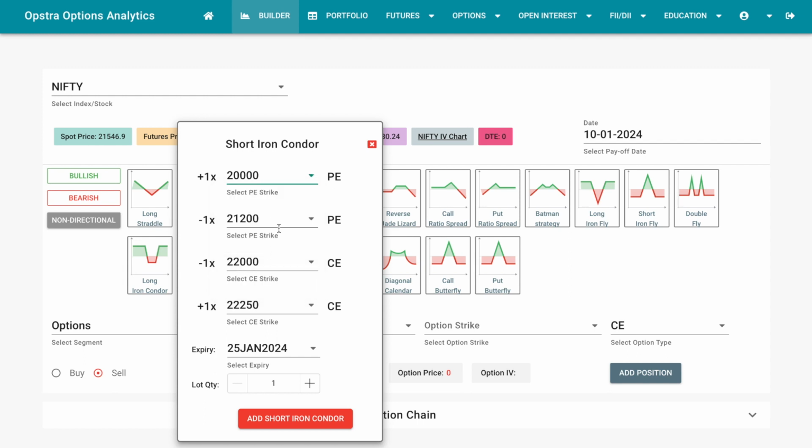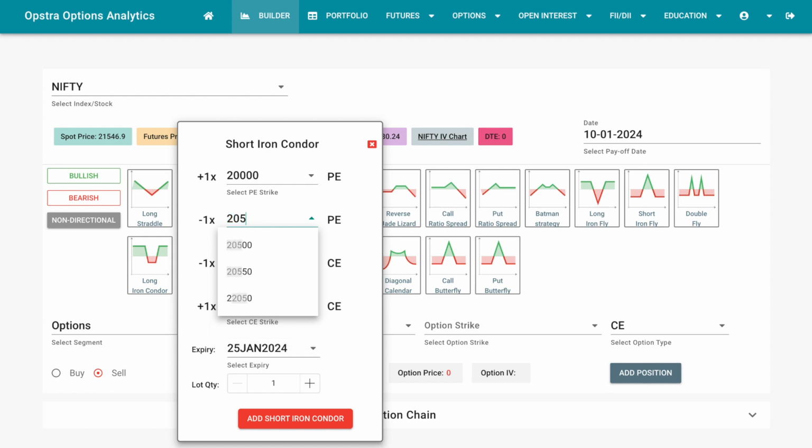We'll take this. Okay, and we'll take the position for 20,000 PE, and we'll do it 20,000, 21,500, 20,000, 22,000. Let's go for 22,000. Okay, and the sold item will be around 21,500.